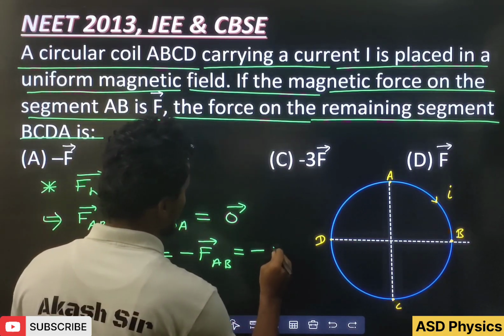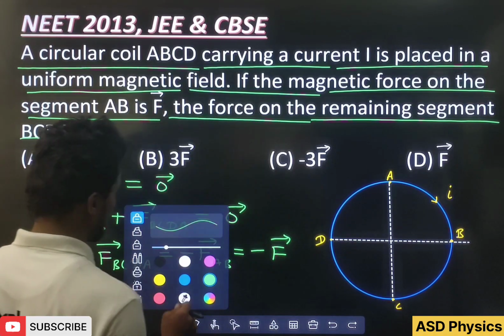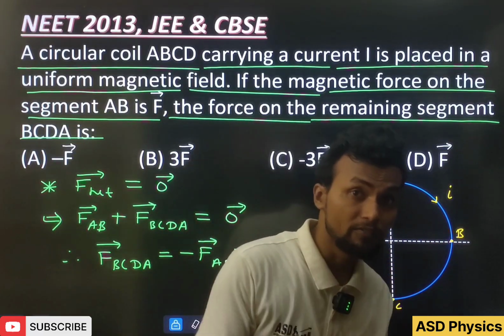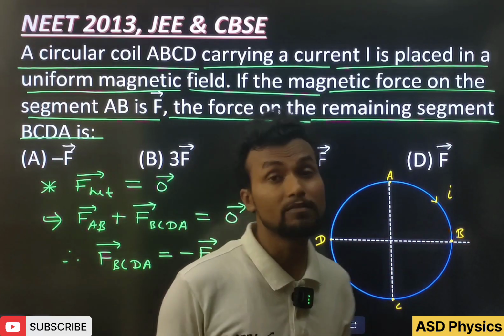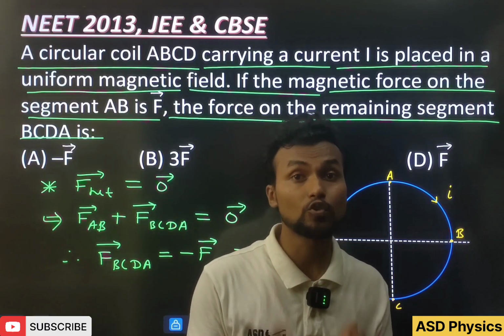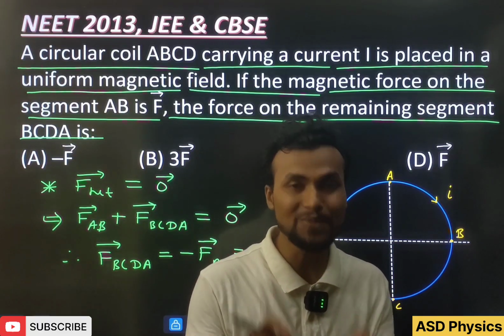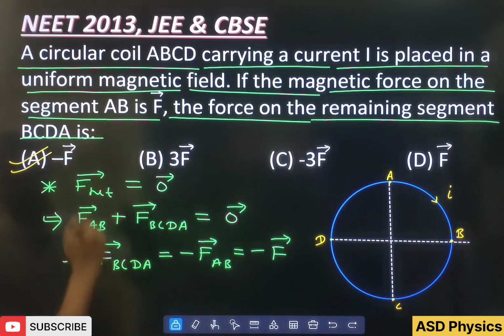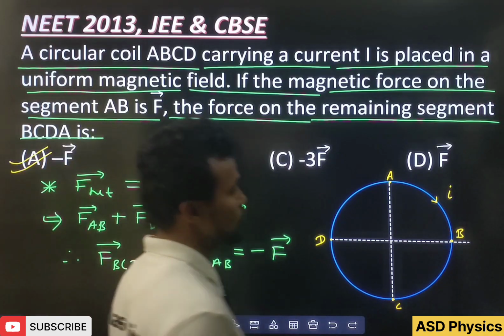F. So it will become minus vector F. Very simple. If the AB segment is experiencing force vector F, then the BCDA segment will experience force minus vector F, so that the net force on the loop is 0. Okay, so what is the correct answer? Option A is the answer. F and minus F means direction is opposite but magnitude is the same.